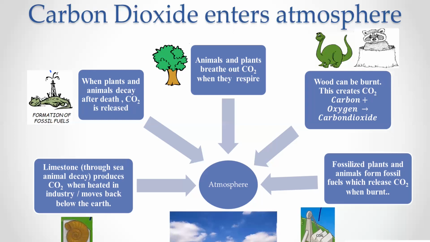In the same way, limestone formed from decayed sea animals produces carbon dioxide when heated in industry or moves back below the earth. In this way, they release carbon into the atmosphere or into the earth and become part of the carbon cycle.